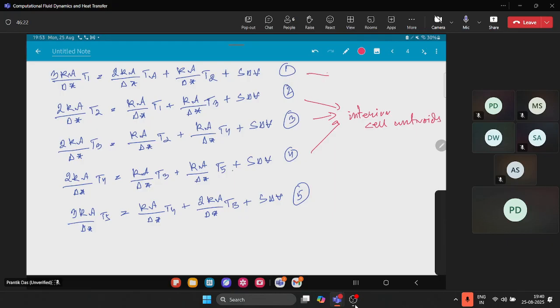This one is the leftmost cell centroid, 1, and 5 is basically your rightmost cell centroid. Is it clear to all of you?